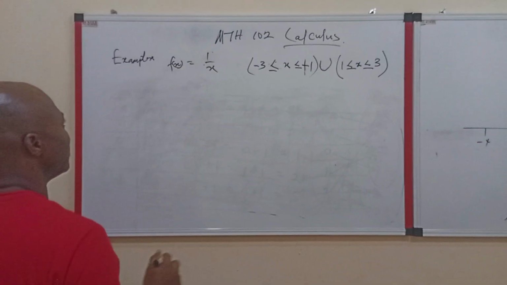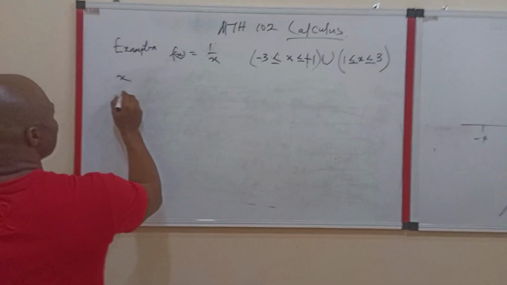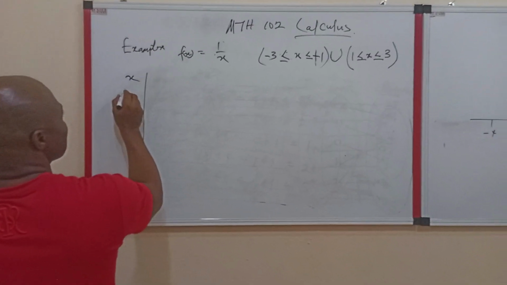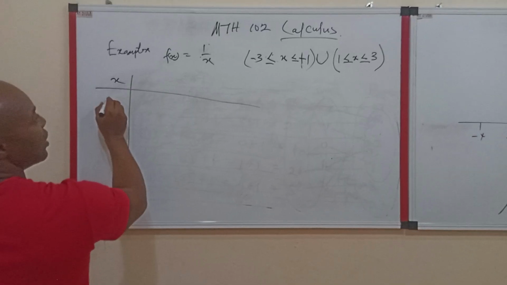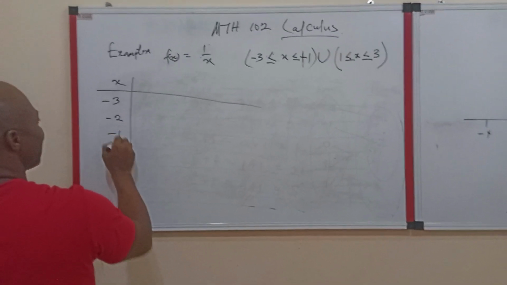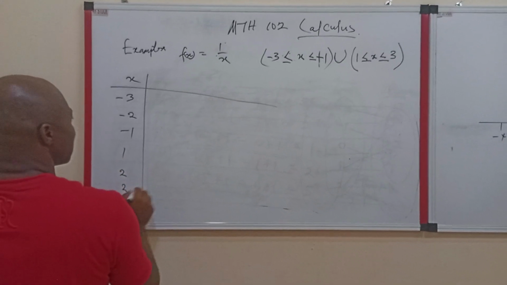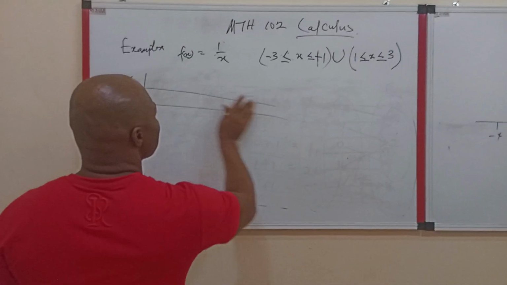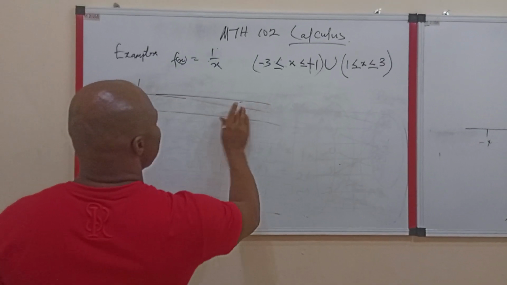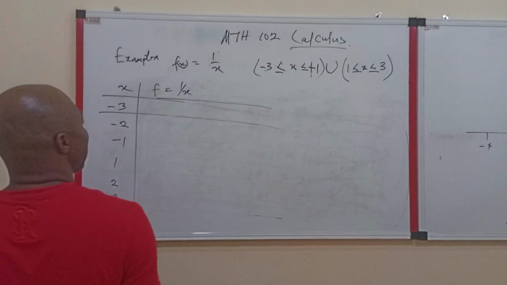Now if this is the domain, as we are doing quickly, what will the x values we get be? The x values we get will be -3, -2, -1. 0 is not there, so we get again 1, 2, 3. Now the function we have on this side is f of x is equal to 1 all over x.